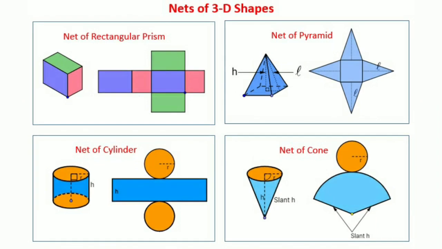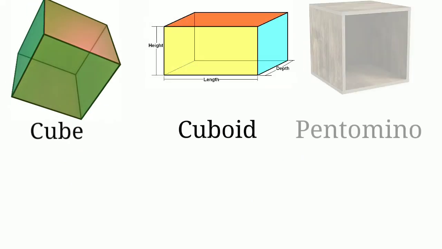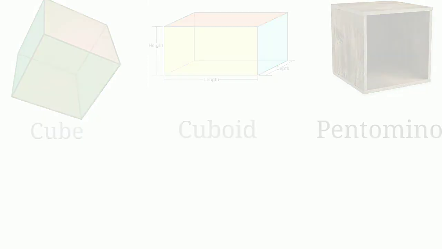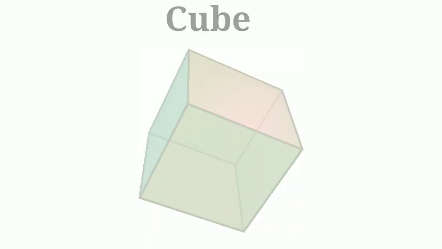In this chapter, we shall learn how to draw the nets and find out the shape of the boxes they form of three objects, that is, a cube, a cuboid, and a pentomino. An object, all the surfaces of which are of square shape, is called a cube.